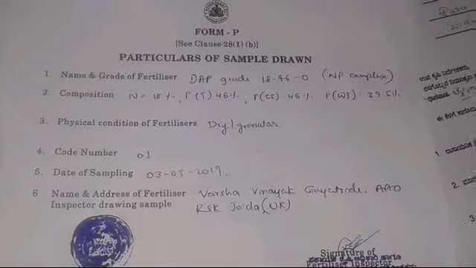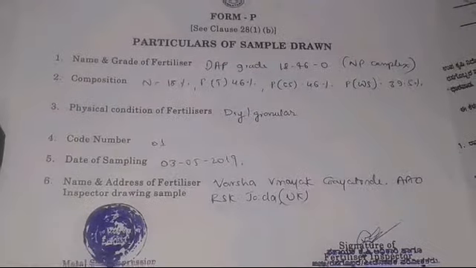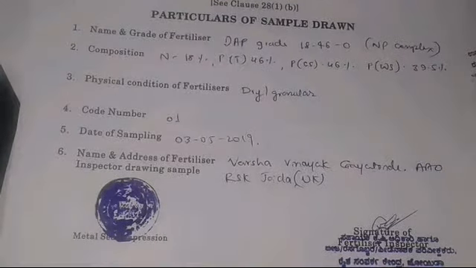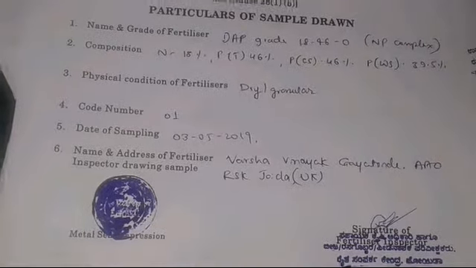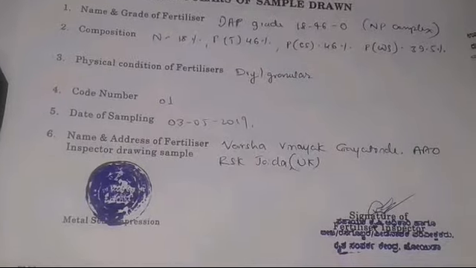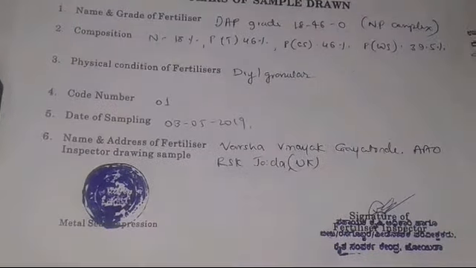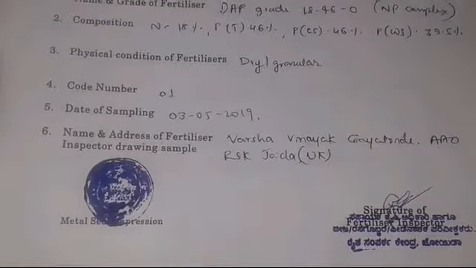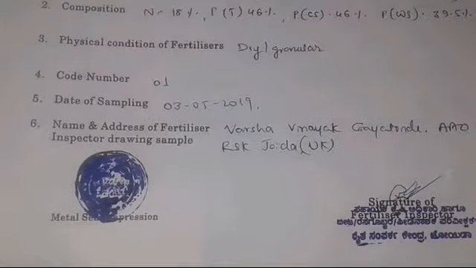The P letter contains information about the name and grade of fertilizer, composition, physical condition of fertilizer, code number of the sample, date of sampling and name and address of the fertilizer inspector drawing samples.